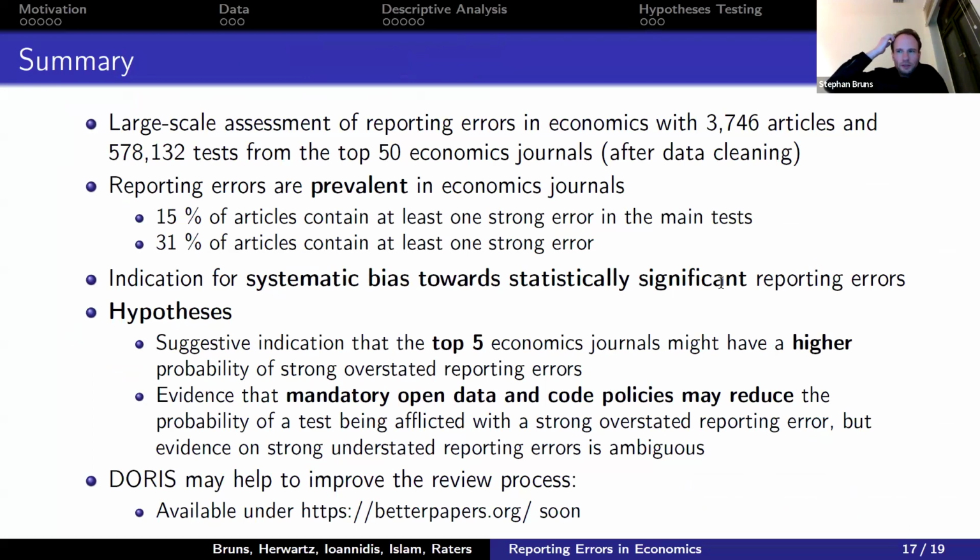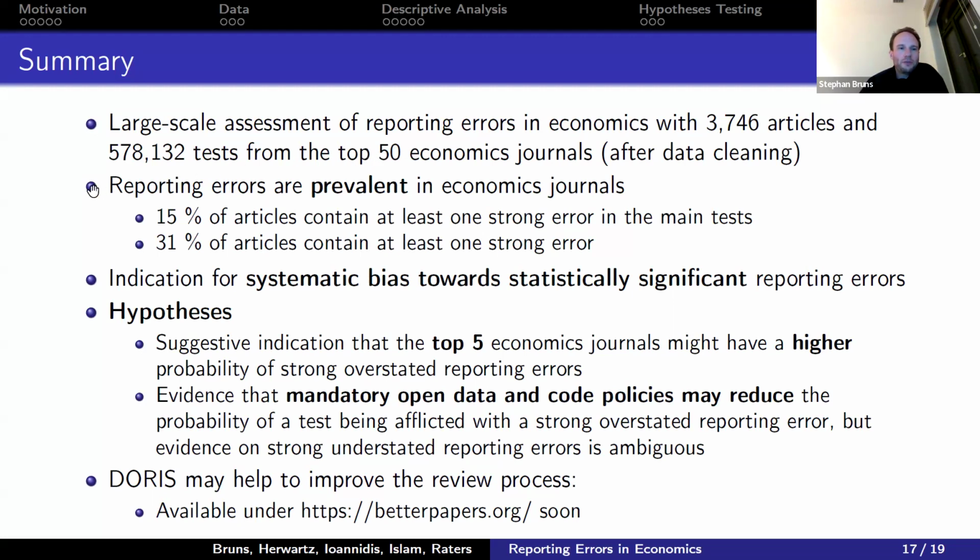Okay, coming to the end. What we conducted here is a large-scale assessment of reporting errors in economics. We have 3,700 articles and more than 500,000 tests from the top 50 economics journals.